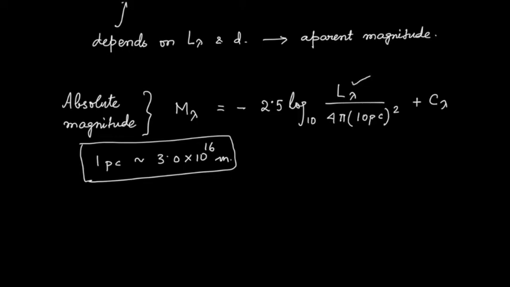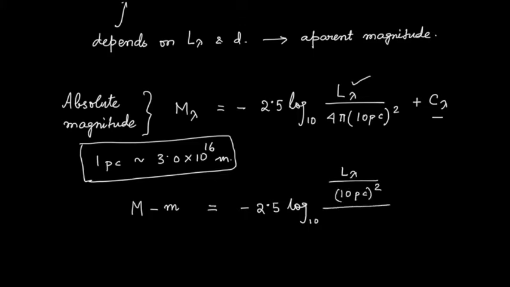Or if I subtract the apparent magnitude from the absolute magnitude, the C goes away. What I will be left with is minus 2.5 log 10 of, in one case, L lambda by 10 parsec square. 4 pi I am not writing, we know that it will cancel out.